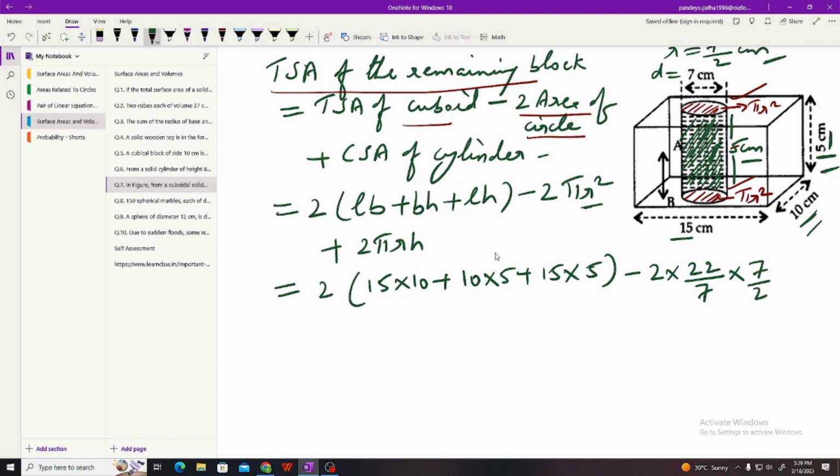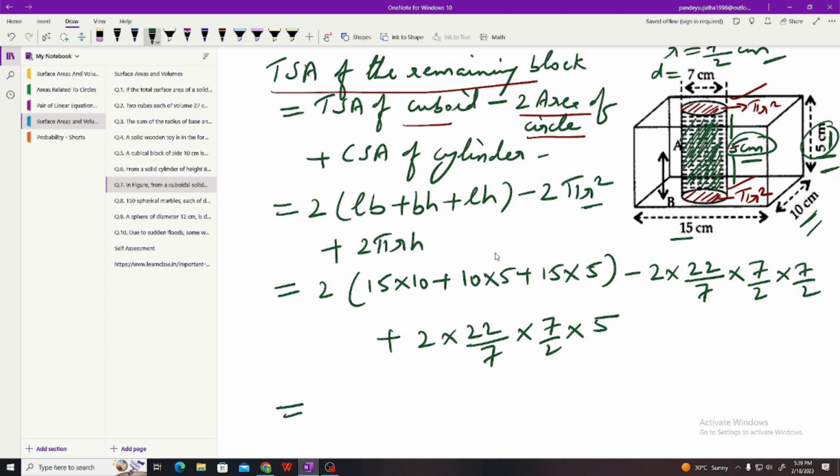So r square will be 7 upon 2 into 7 upon 2 plus 2 into the value of pi is 22 upon 7 into radius is 7 upon 2, and the height of the cylinder is equal to the height of the cuboid, that is 5.